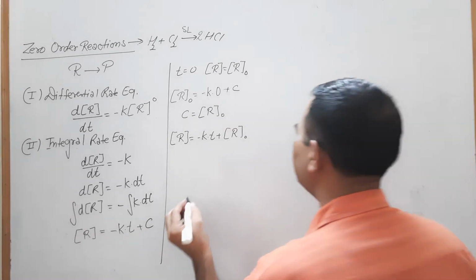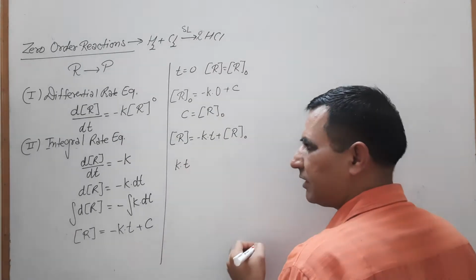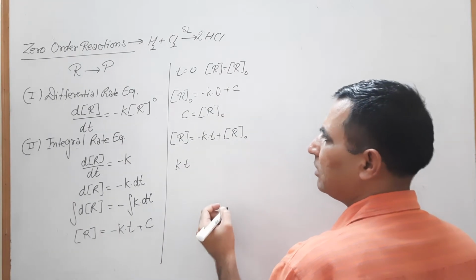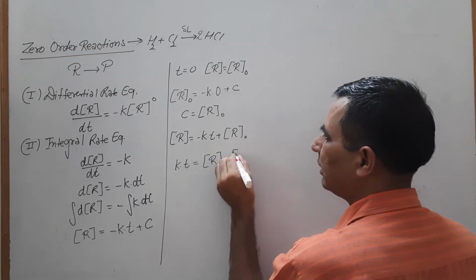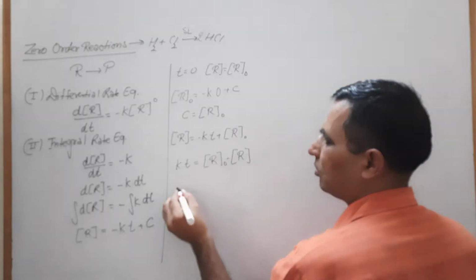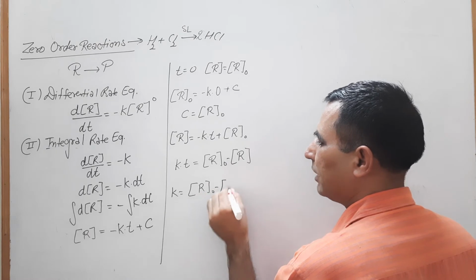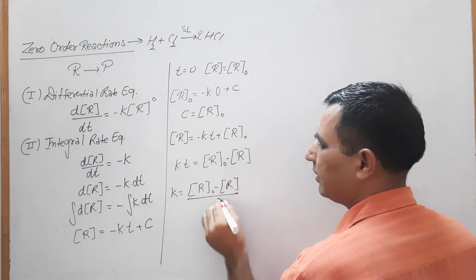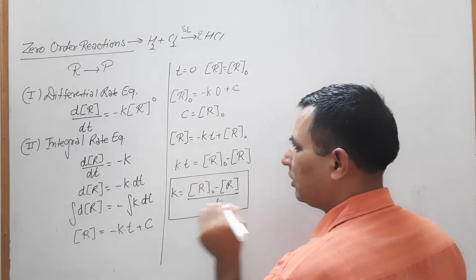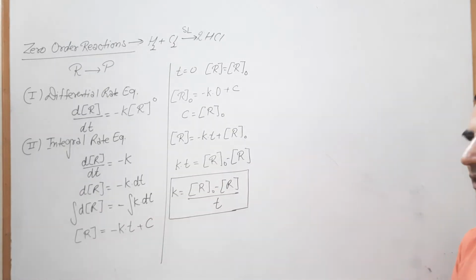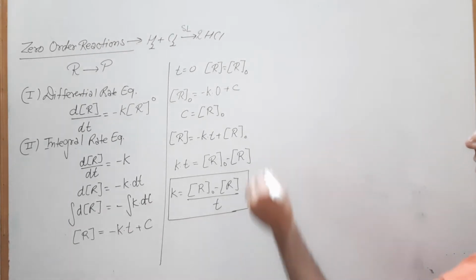Changing the side of kt, kt equals R0 minus R, or k equals R0 minus R by t. This is known as the integral rate equation for a zero order reaction.